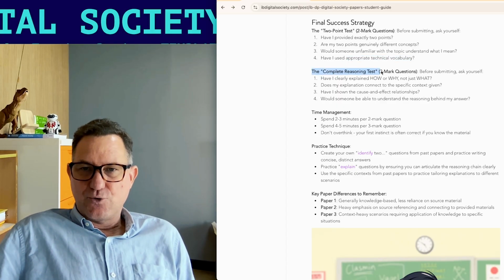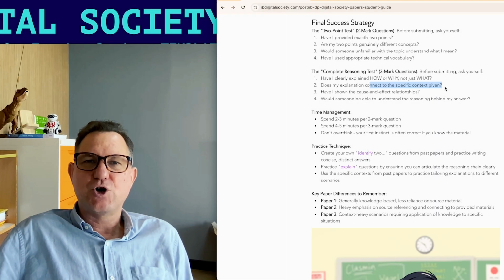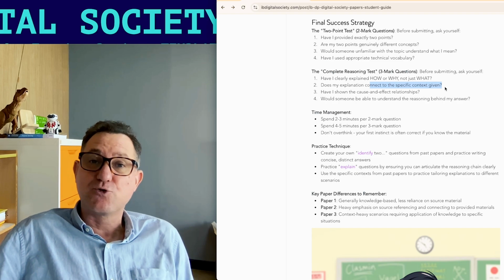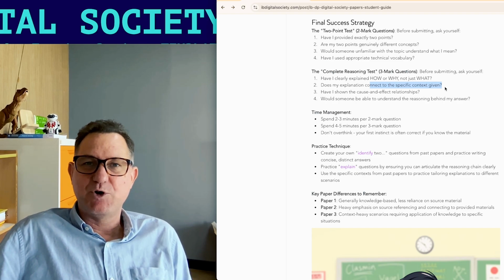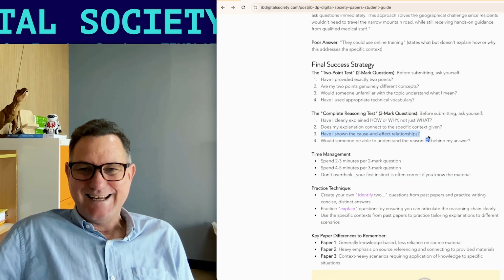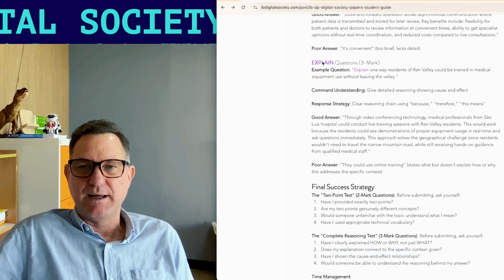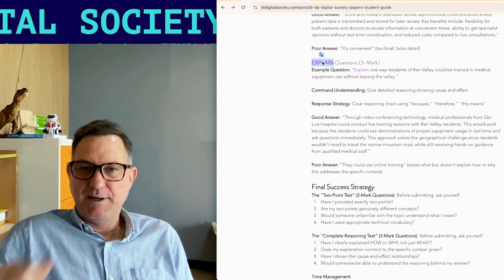For the 3-mark questions, have I explained how, what, why? What was the context given in this question? Have I actually responded to the correct 3 C's? Whatever the examiner wants me to respond to, I'm identifying the correct 3C. Now, point 3 is about cause and effect. That specifically talks about explain.